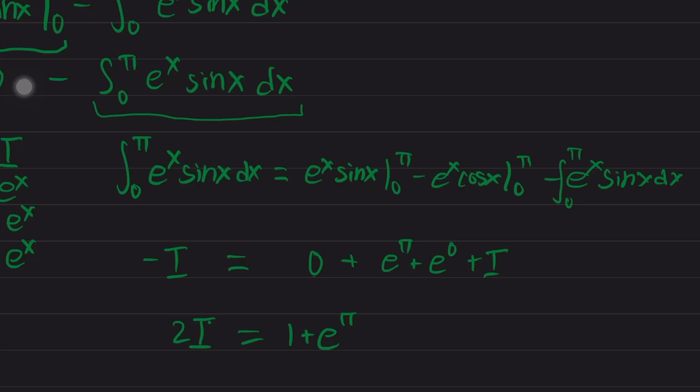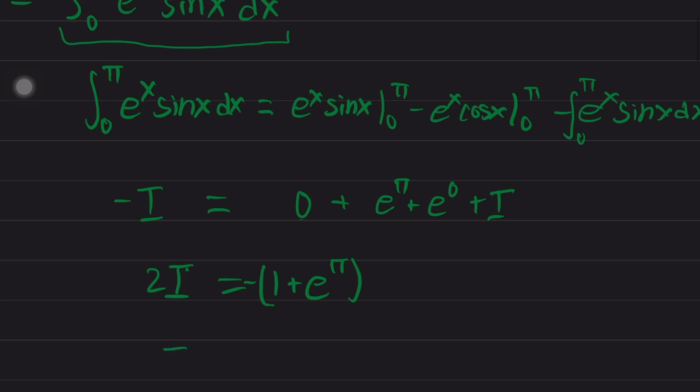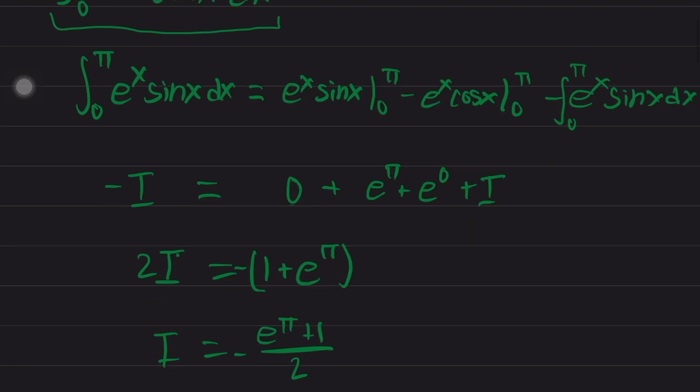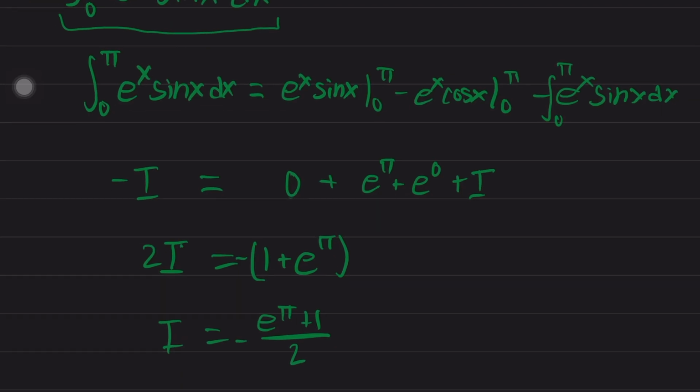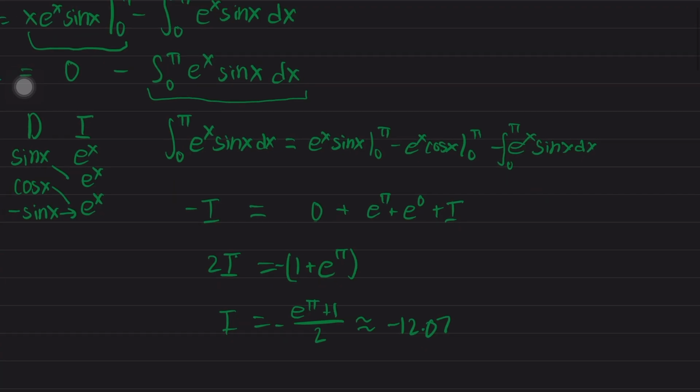So now we add the I to the other side, and this is all now negative. We now get I is equal to e to the pi plus 1 over 2, and this is negative. This is approximately negative 12.07. So this is the value of our integral.